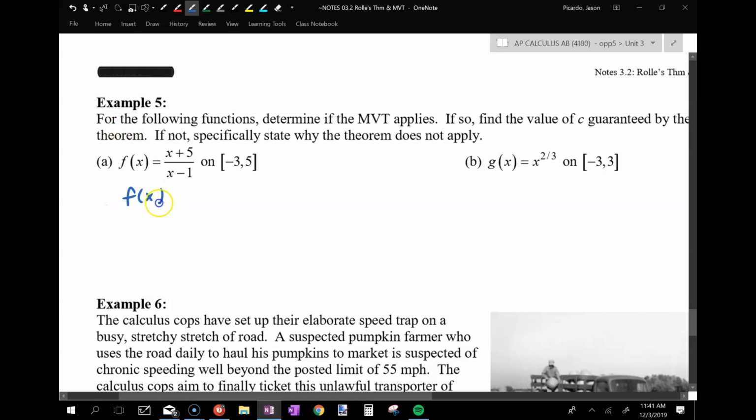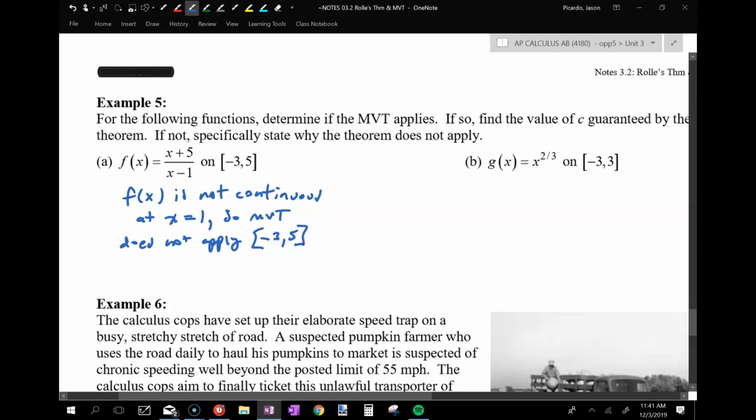So f of x is not continuous at x equals 1, right? Because what's at x equals 1? An undefined vertical asymptote, right? And so the mean value theorem does not apply on the interval -3 to 5.